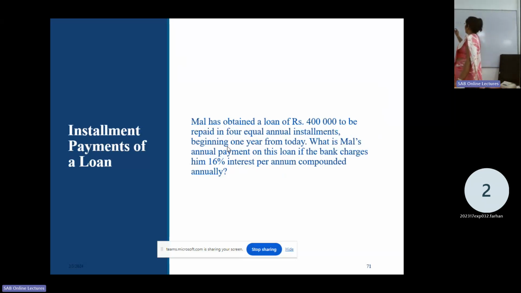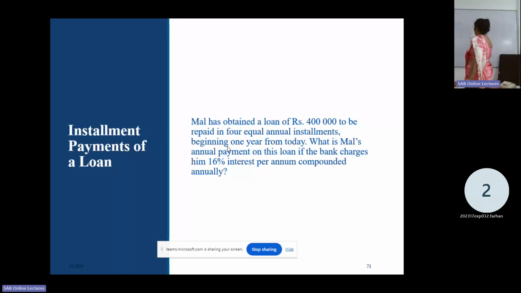If you draw the timeline for this loan, you are borrowing 400,000 today to be repaid in 4 years: 1, 2, 3, 4. You are paying your annual installment for 4 years.